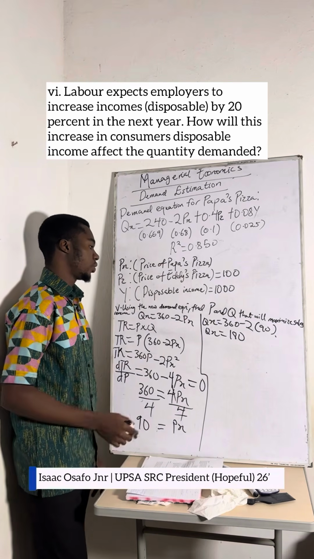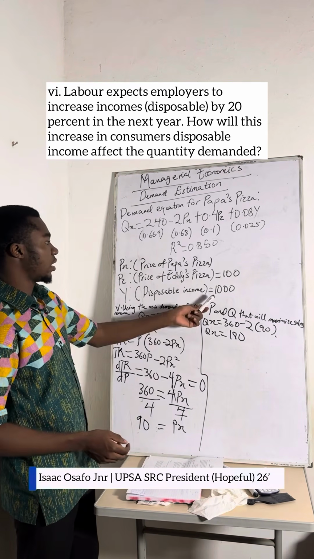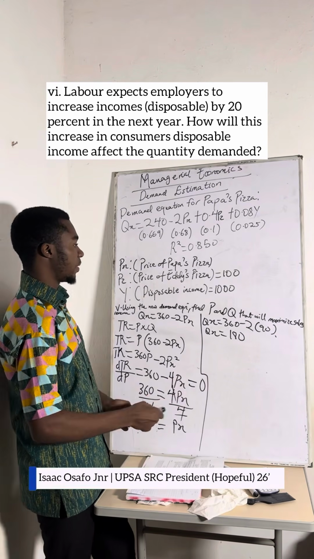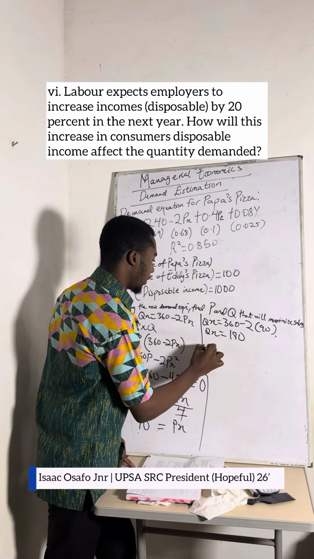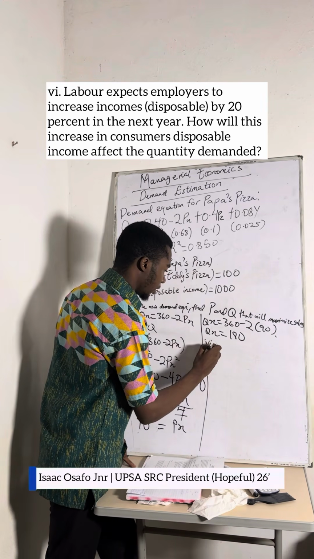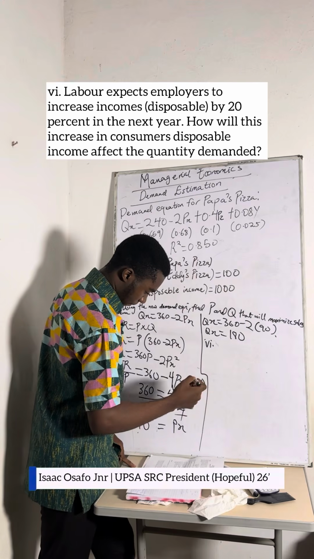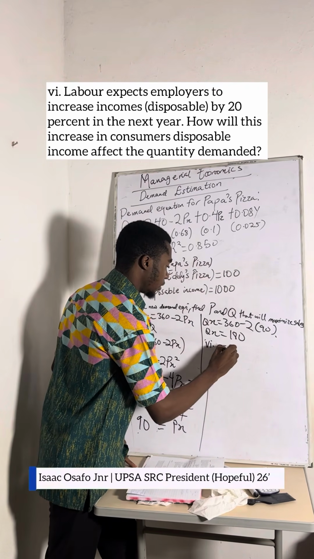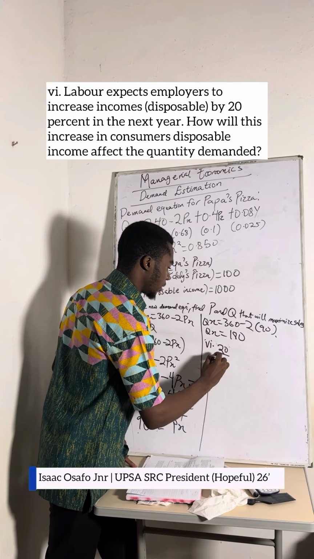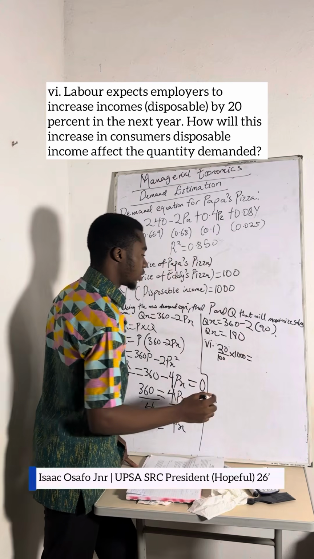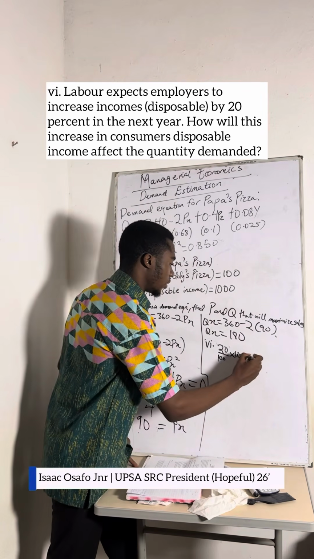All right, so let's do it here. Our previous income was 1,000, right? And now they're saying it's going to increase by 20%. So if 1,000 increases by 20%, we first have to find 20% of 1,000, and that should give us 200, right?